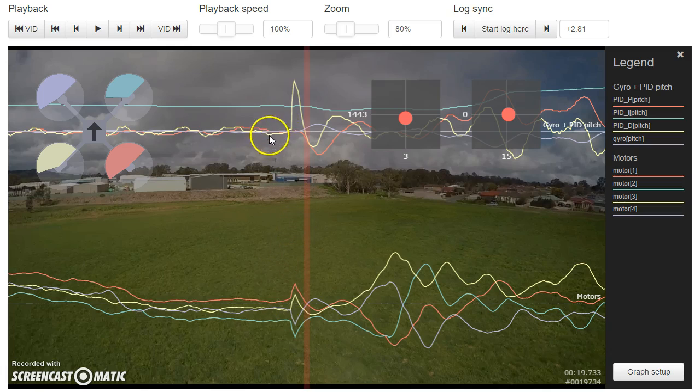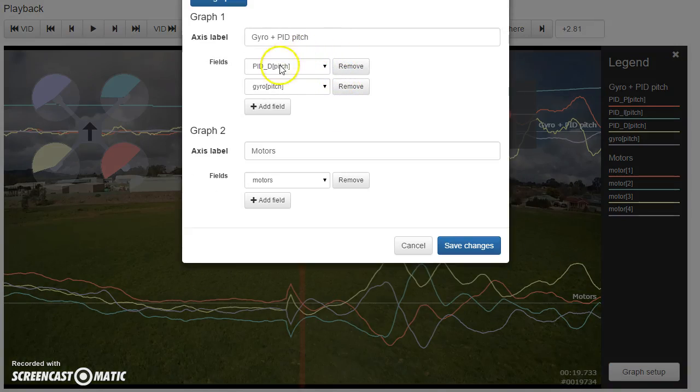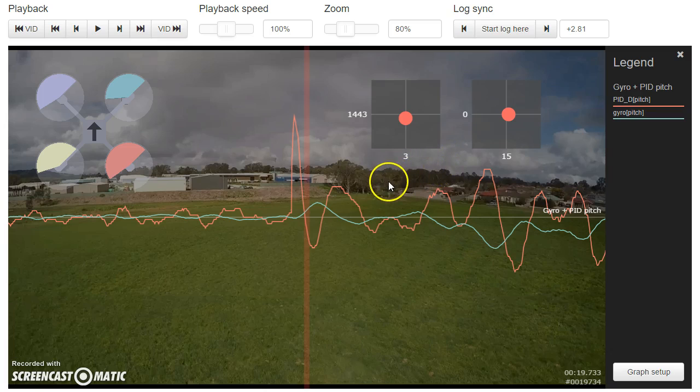But if we look at your gyro, let's just get rid of these things, and we'll take the motors off too to give us a little more resolution. I don't know. Yeah, that's very weird. You're right. I agree with you that that's very weird.